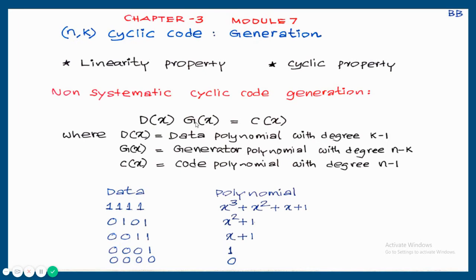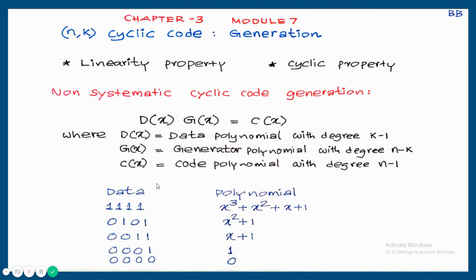That is why the degree of g of x has to be n minus 1 minus k minus 1, that is n minus k. So remember, this is an important result: the degree of the generator polynomial is always n minus k. After seeing the generator polynomial, we are able to say how many parity bits it can generate, because the degree of g of x is always equal to the number of parity bits, n minus k.